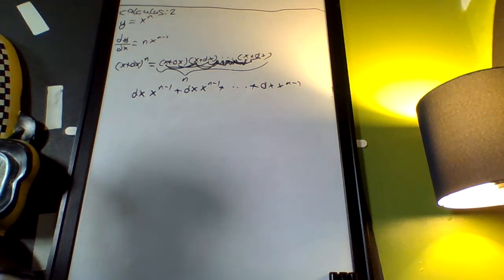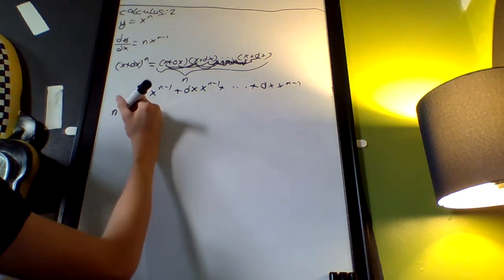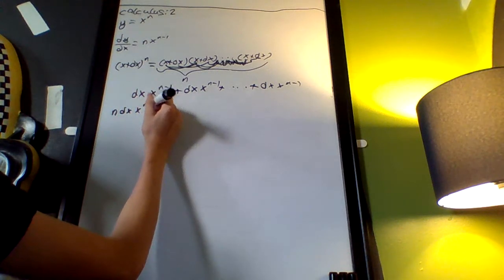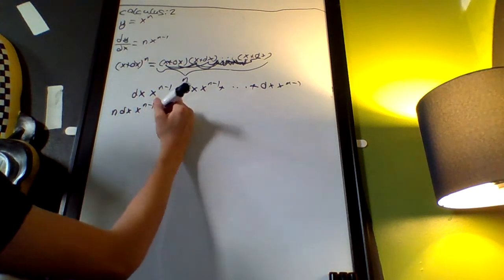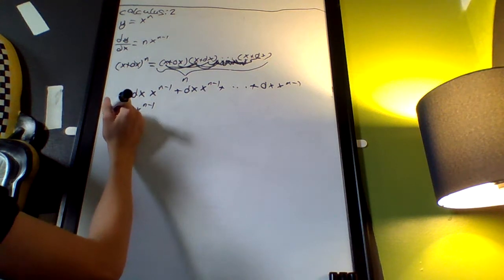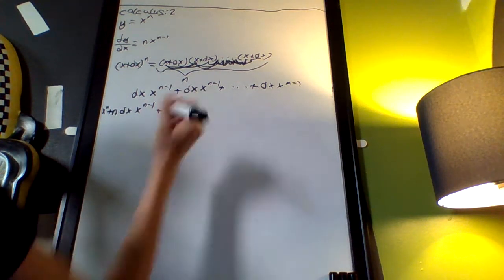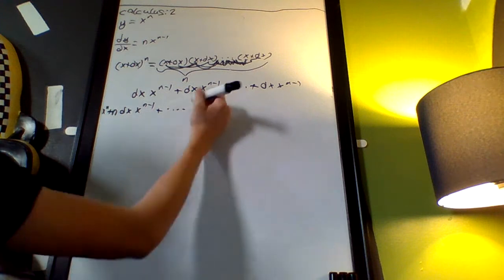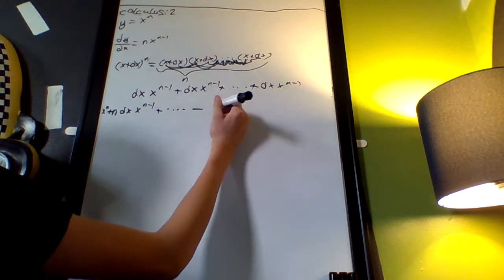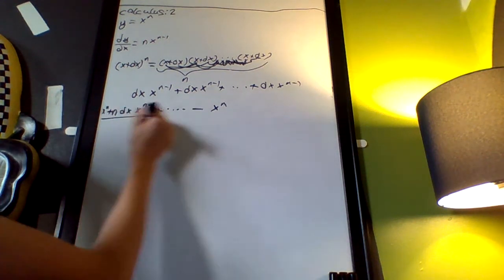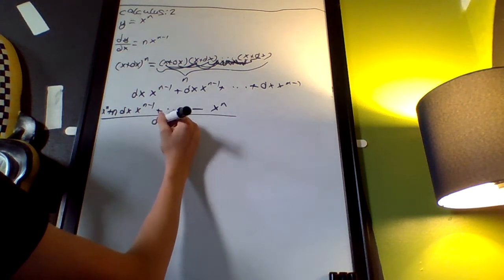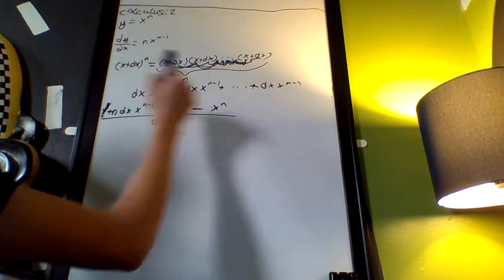Then I get n dx x to the n minus 1. Then I also have x to the n, and I'm adding a bunch of other stuff. Then off of that, I'm subtracting x to the n, doing the derivative formula, and I'm dividing by dx, so these cancel out.